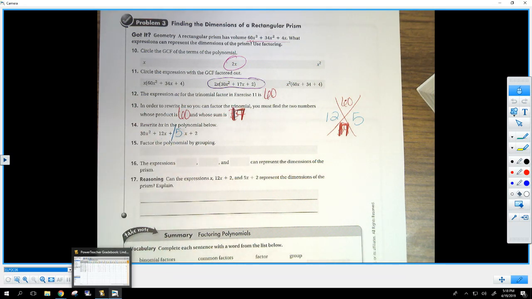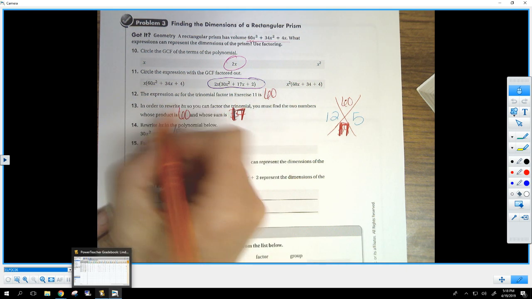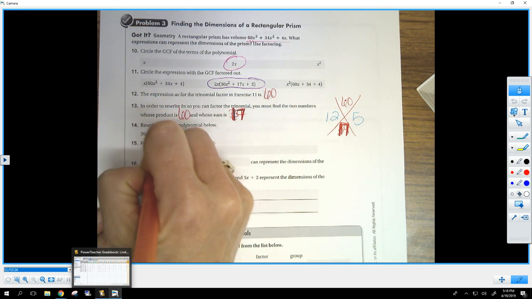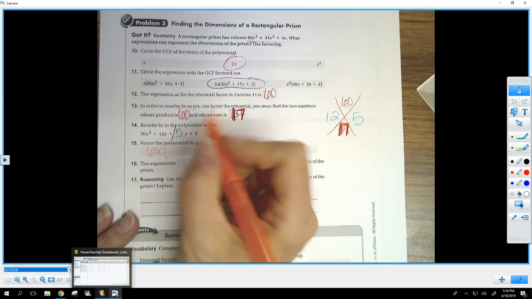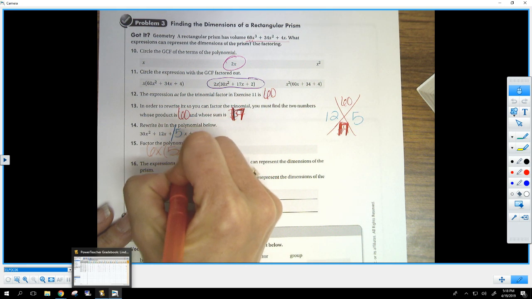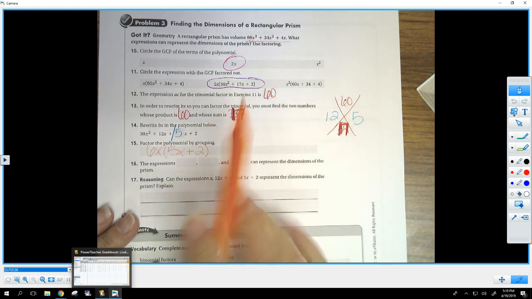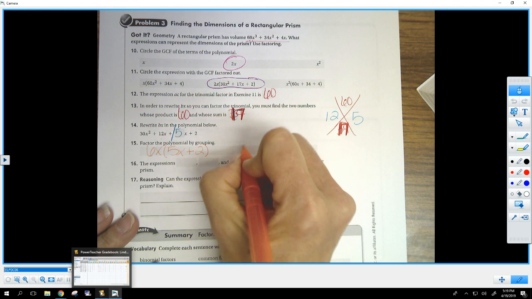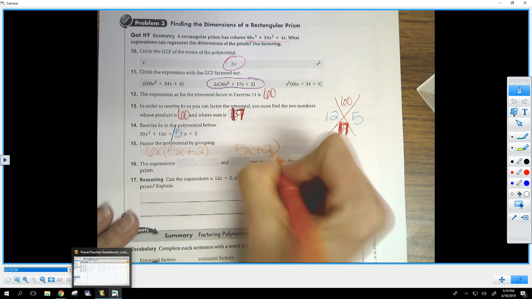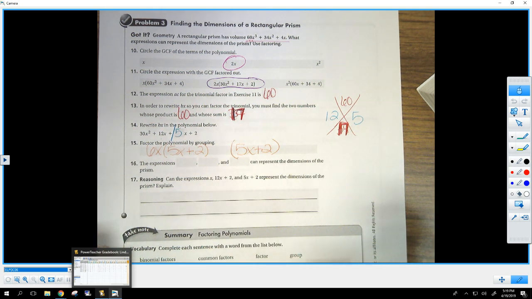What is my greatest common factor of 30 and 12? 6. So 6x works. So I'm left with 5x plus 2. And if 5x plus 2 is here, 5x plus 2 must go here.